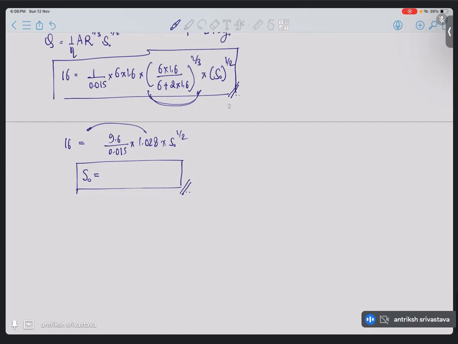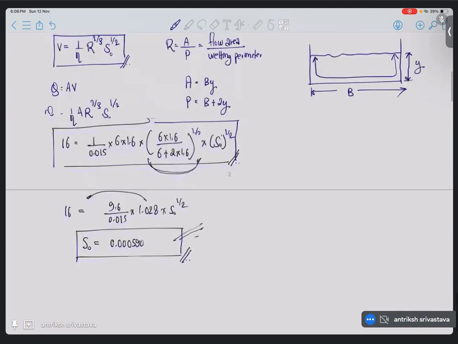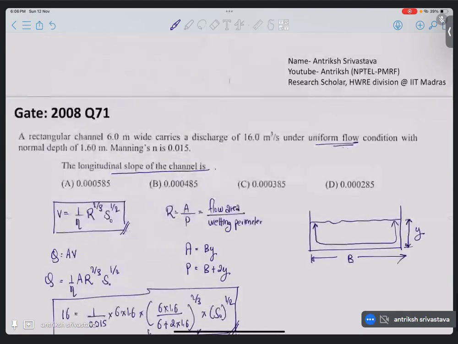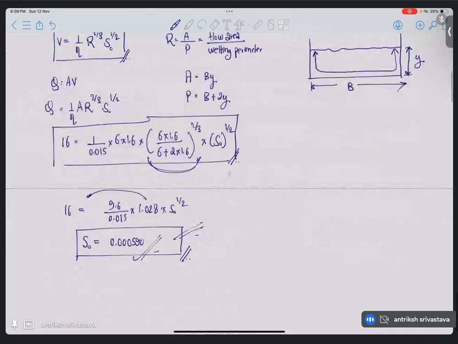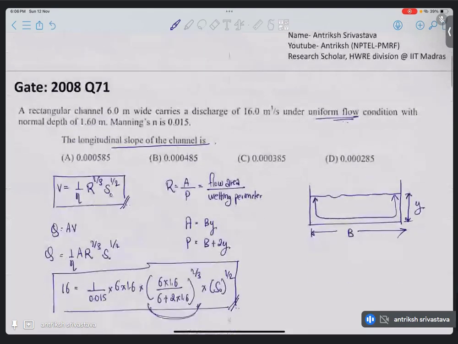So the final answer will come as 0.000590. So this is the bed slope, and that is the answer to our question, S naught. The closest to this value is our option A, that is 0.00585.